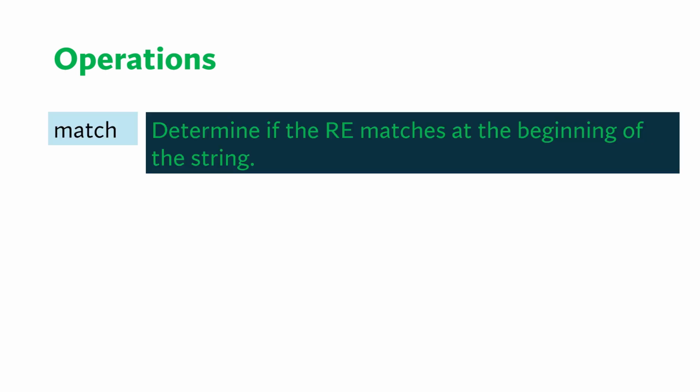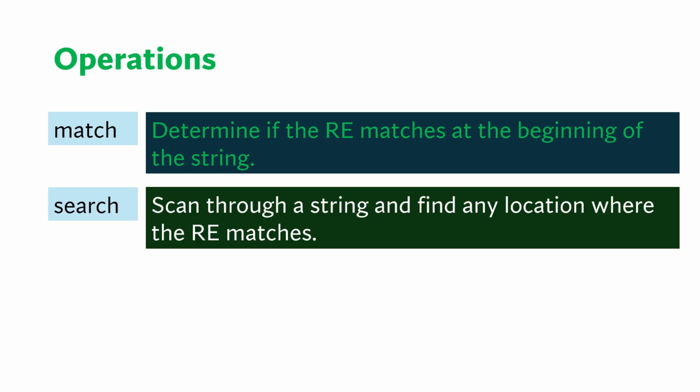Pattern objects have different methods and attributes. Some of the key methods include match, which determines if the regular expression matches at the beginning of the string. Search scans through a string and finds any location where the regular expression matches. Both match and search return only the first occurrence where the regular expression matches. Sometimes, however, we are interested in finding all matches in a string.